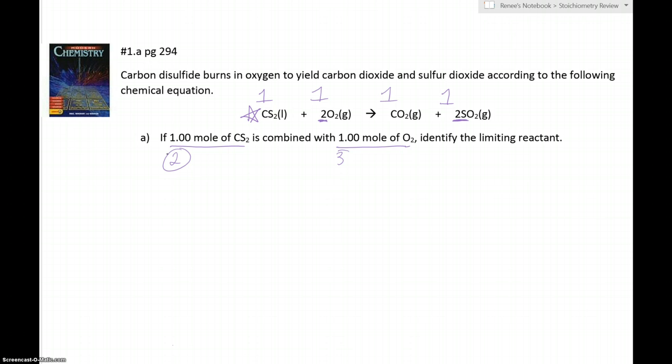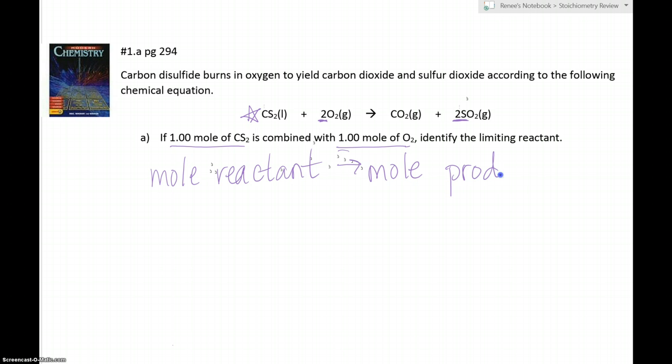But our problem given here is not like that. They're not very lucky to get the 1 to 1 to 1 ratio. We have some 2's in there. So with that said, you basically go from moles of a reactant, or both of the reactants, to moles of any product that you want.